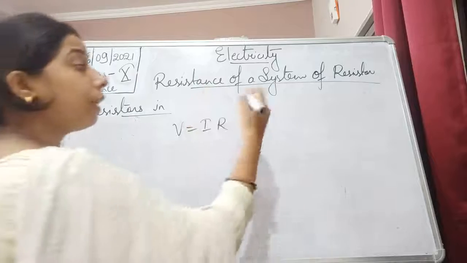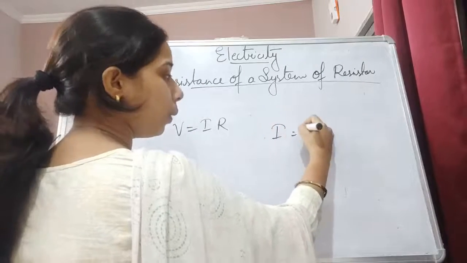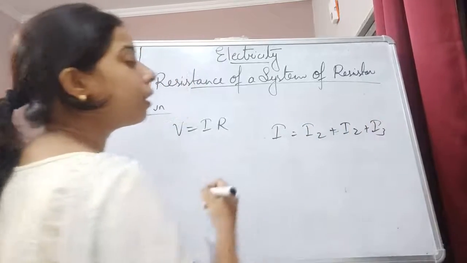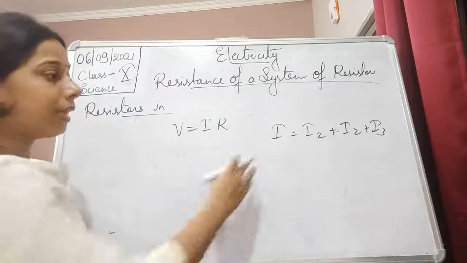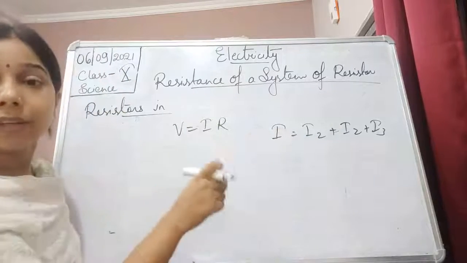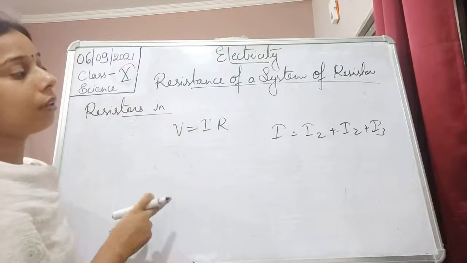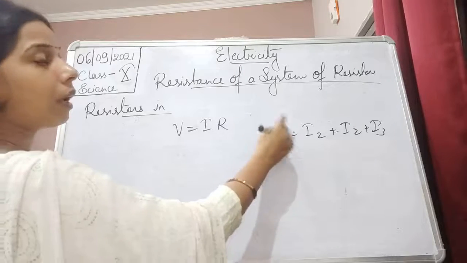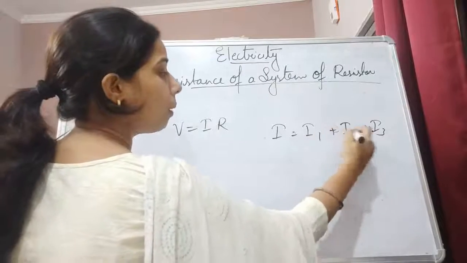The current flowing through the first one will be I1, the current flowing in the second one will be I2, and the current flowing in the third one is I3. When you take the ammeter of the whole circuit, that will be I, and this I will be equal to the sum of the individual currents flowing through each of the resistors. So I is equal to I1 plus I2 plus I3.